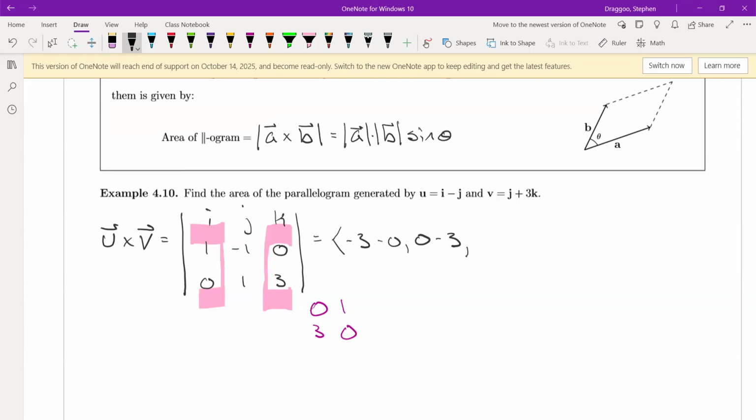So 0 minus 3. To then go look at the final set, and maybe I'm just going to leave some of these markings up there now. Let's see, I've got 1 times 1, which is 1, minus -1 times 0, which is 0. Put it all together, what do we get? -3, -3, 1.